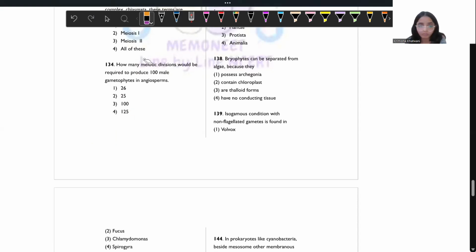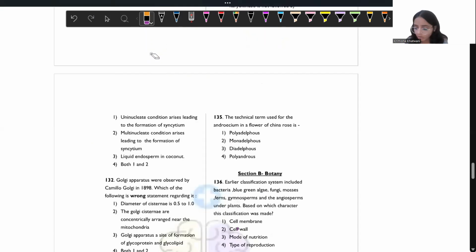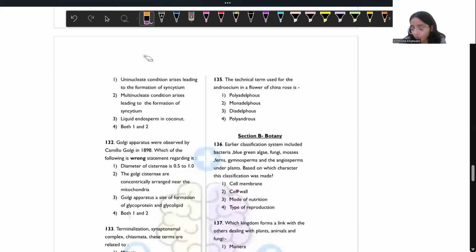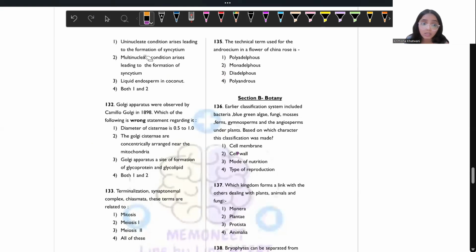Next question, 135. The technical term used for the androecium in a flower of China rose is. What is the correct answer to this question? Monoadelphous, because the stamens of the China rose are monoadelphous.